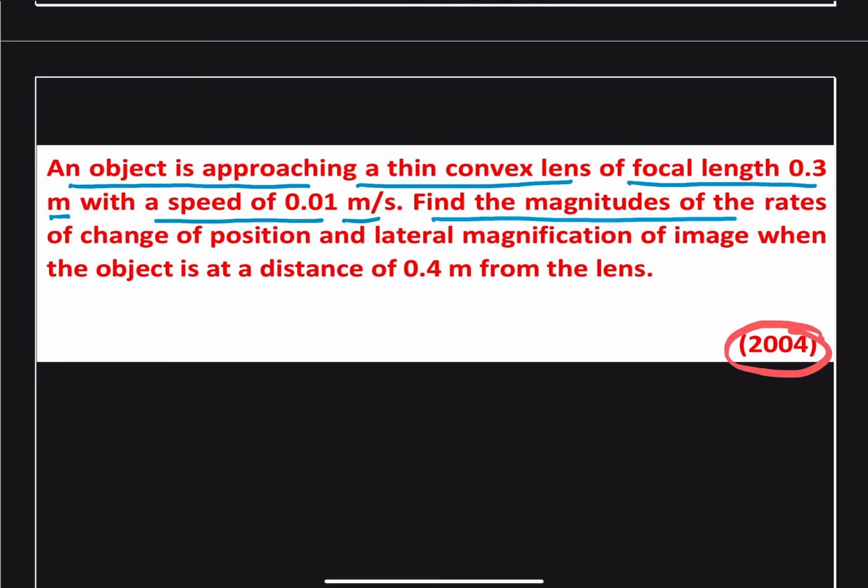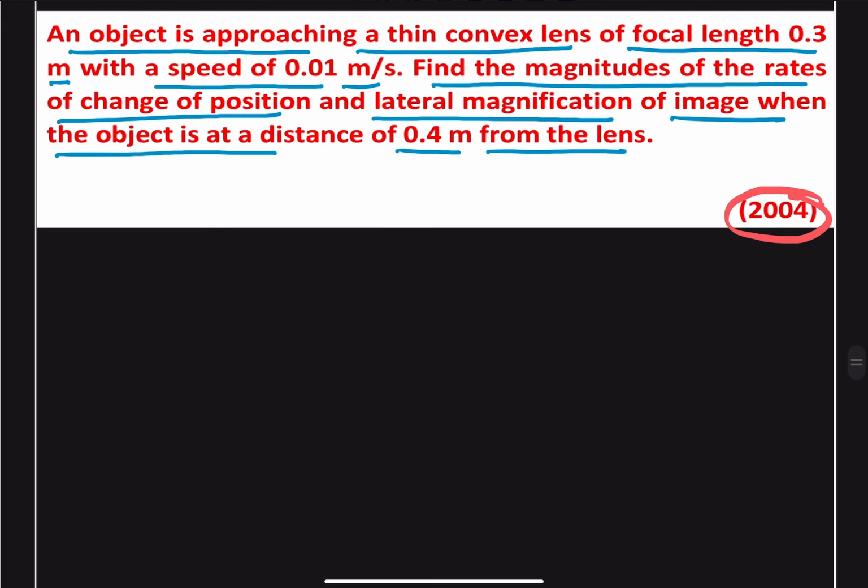Find the magnitude of the rates of change of position and lateral magnification of the image when the object is at a distance of 0.4 meter from the lens. So here the object is moving towards the thin convex lens. And here we are going to use two simple formulas, but later on we are going to differentiate them with respect to time.